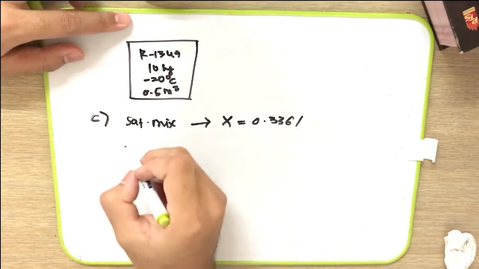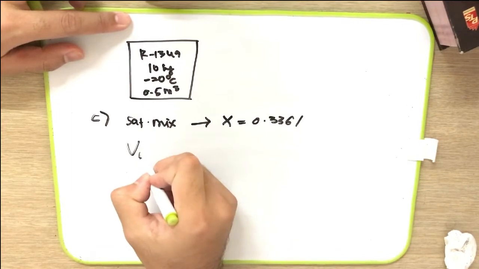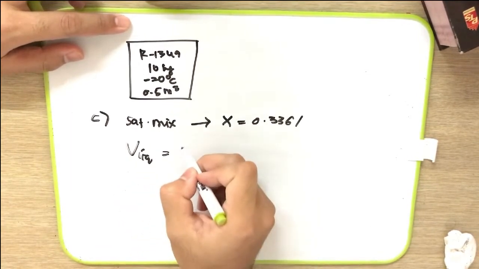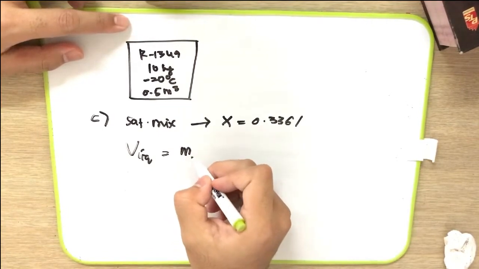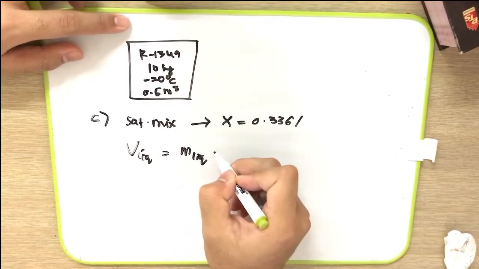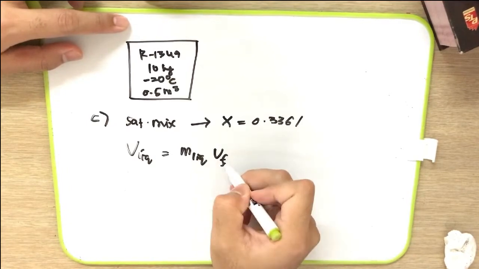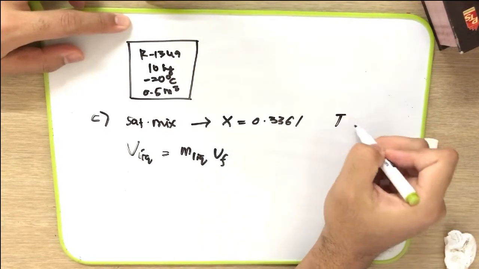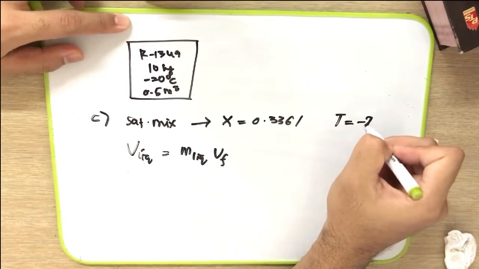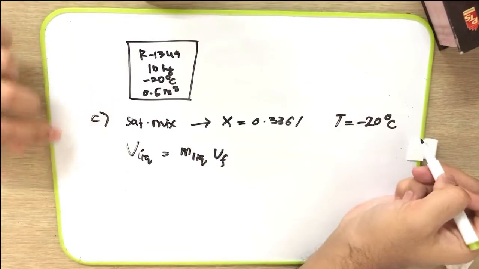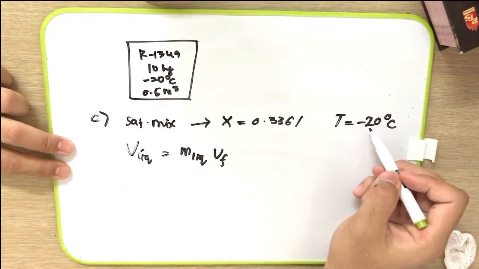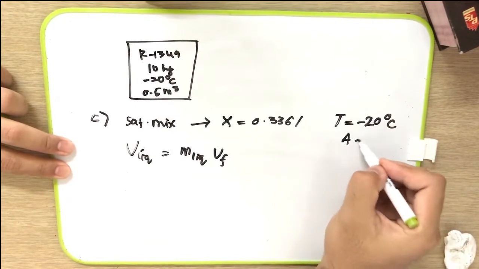Now we need to find the V for liquid. We need to find the M liquid multiplied with Vf. The Vf is the V for saturated liquid, so we use Vf at T equal to negative 20 degrees C from table A11.